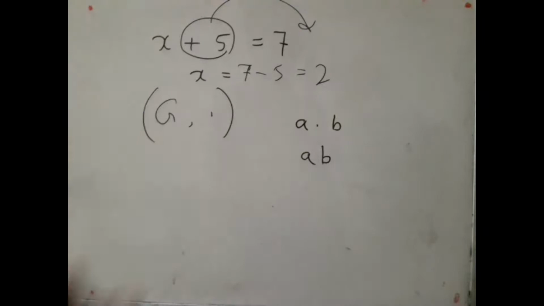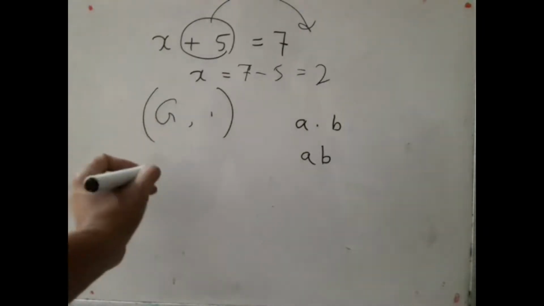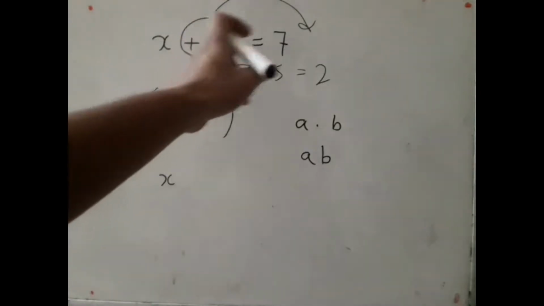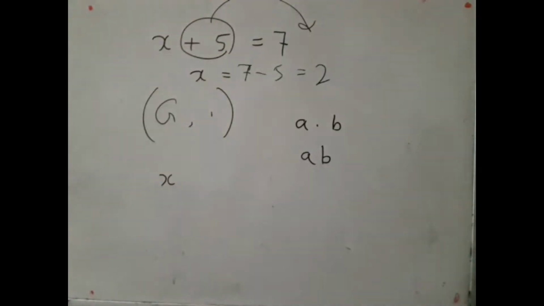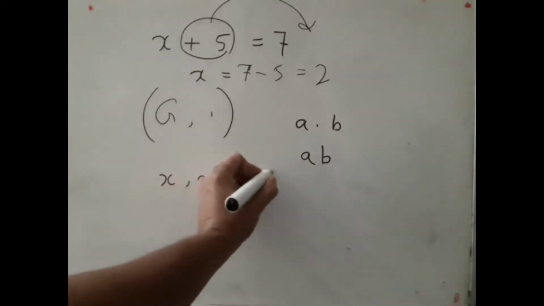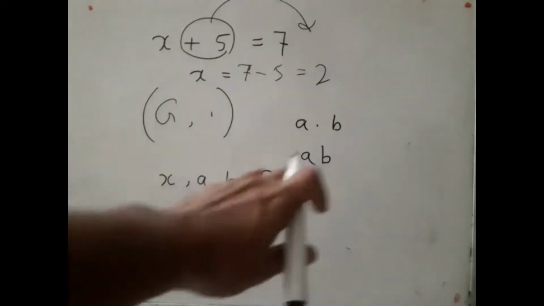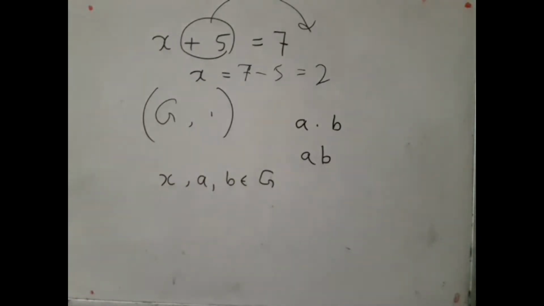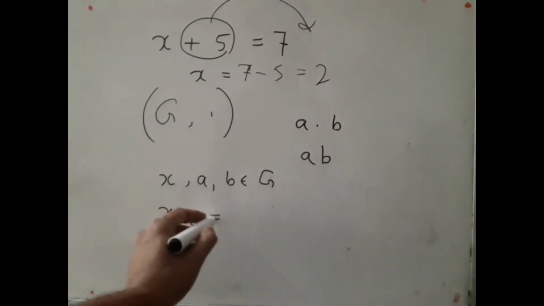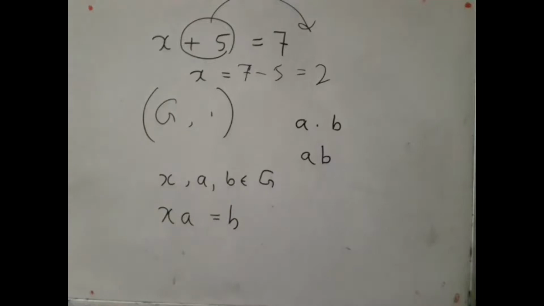I give you an element X in G, and just as I had 5 and 7, similarly I will have some elements A and B in G. This is completely abstract. G could be just any group, and I give you the equation XA equals B, and from this I want you to solve for X. What is X for which it will happen?